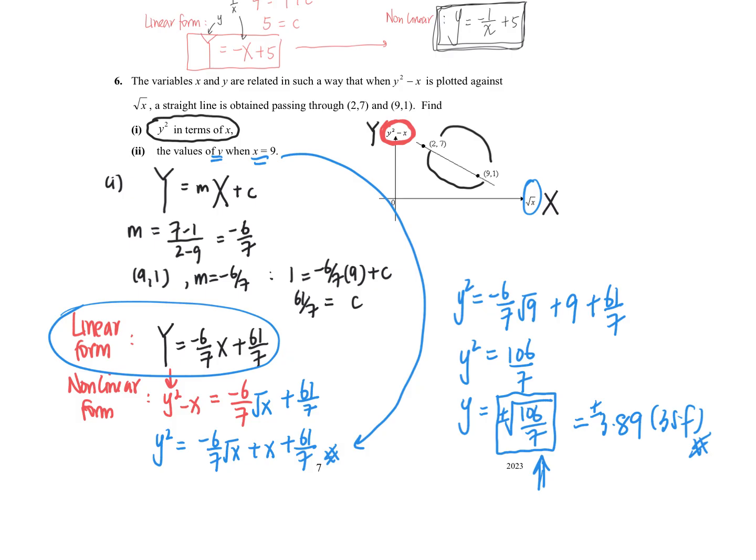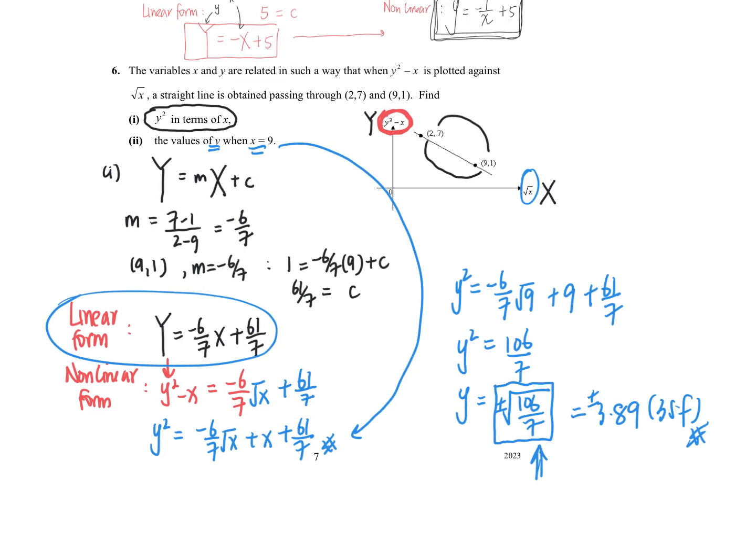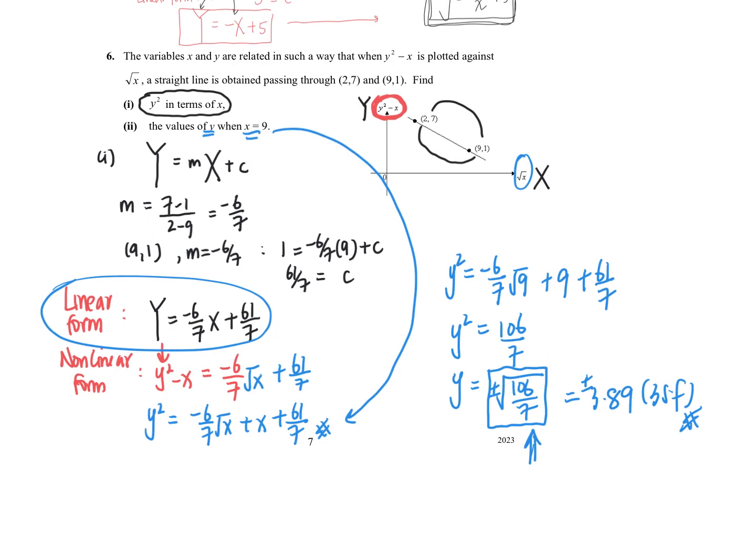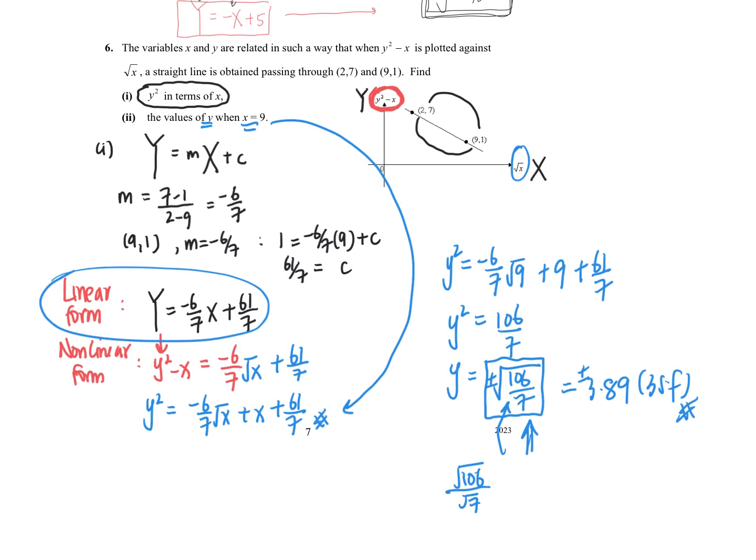Actually, if you want to simplify, you should rationalize the surd, because by right the most simplified form must be rationalized. This one is not rationalized. So it will be 106 times 7, which is 742, over 7. So this is the rationalized one.